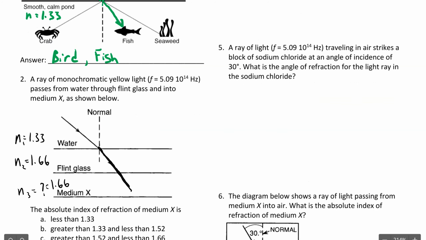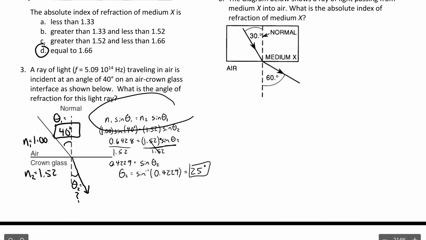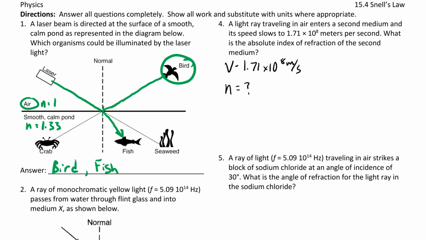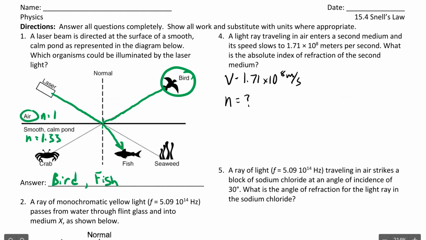They don't tell you any angles or anything like that, so we cannot use Snell's law because we don't know what the incident angle is. But we know what the speed of light in a vacuum is, 3 times 10 to the 8 meters per second. So we could just do the definition of the index of refraction. It's just a ratio between the speed of light in a vacuum and the speed of light in the medium that it is traveling through.